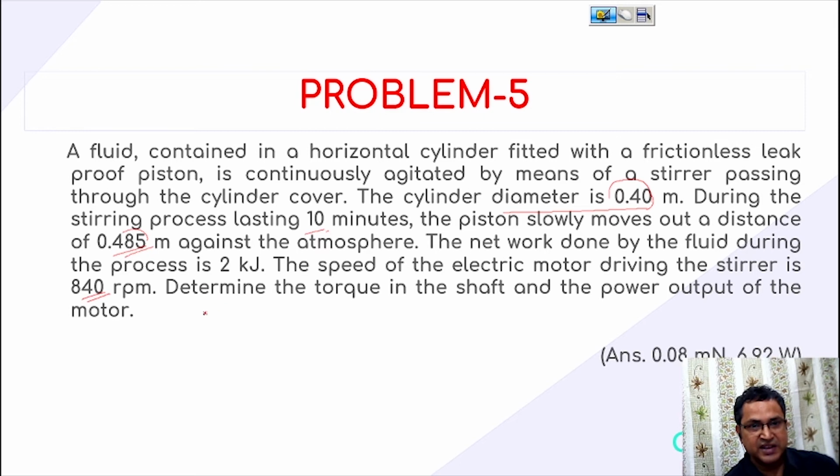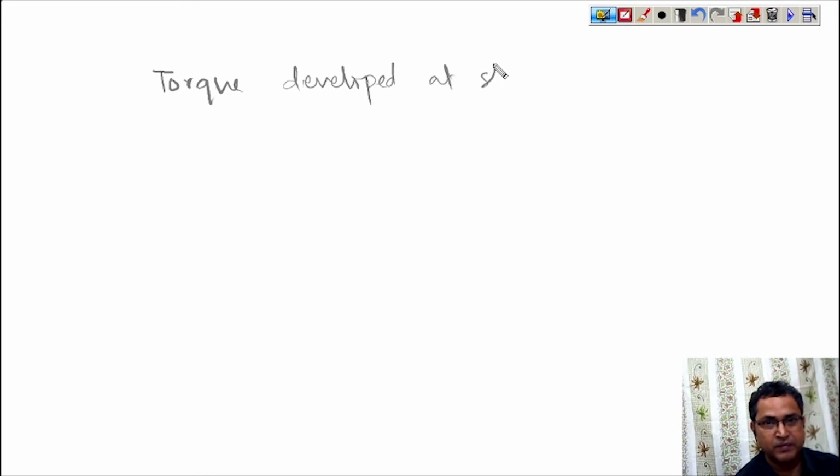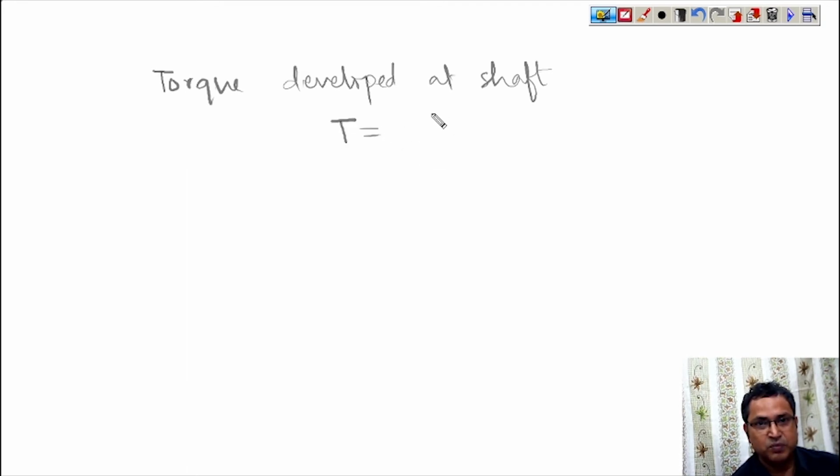Now he is asking, determine the torque in the shaft. How much of the torque has been developed in the shaft, and its speed is 840 rpm. So torque developed at the shaft, that is T is equal to power divided by omega.